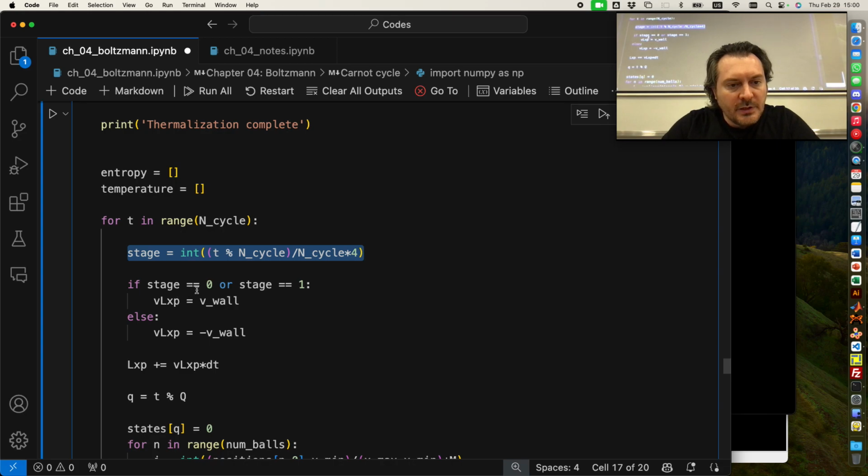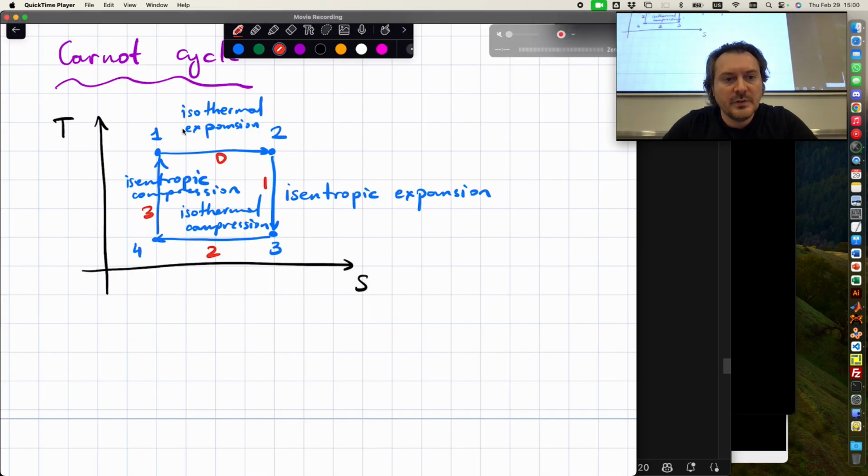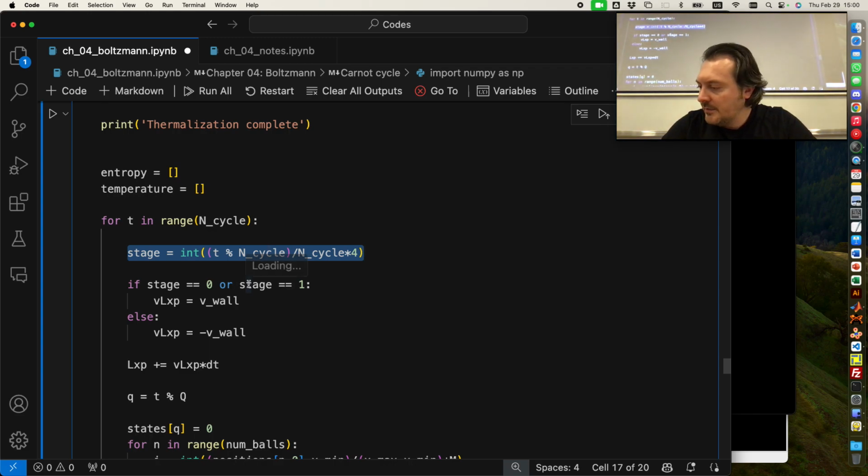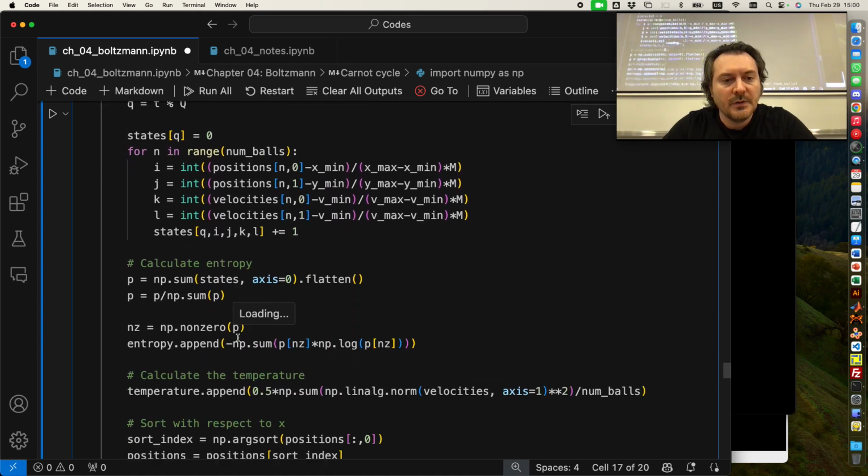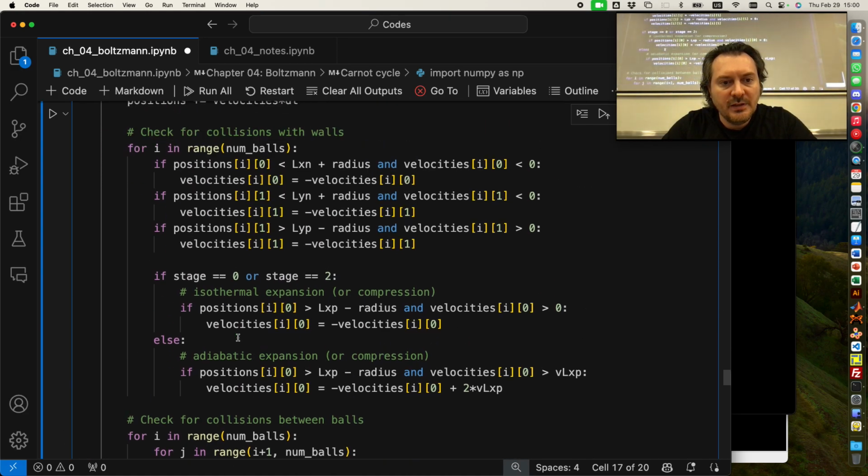So what happens when it's 0 or 1? The wall is expanding. It has V wall. So it's expanding here, expanding here. What happens otherwise? The wall is compressing, getting compressed. What do we have down here?